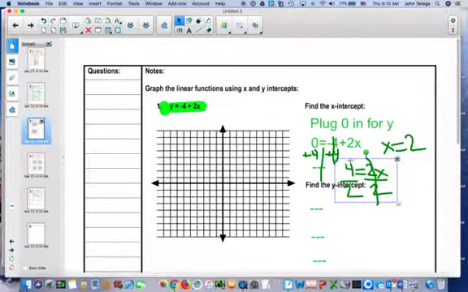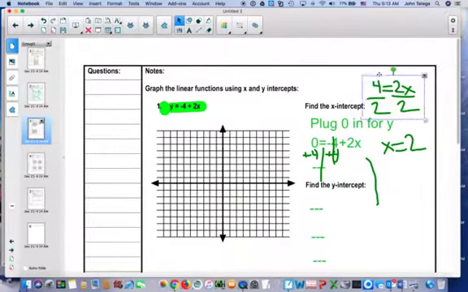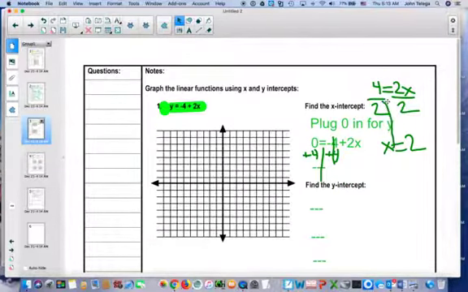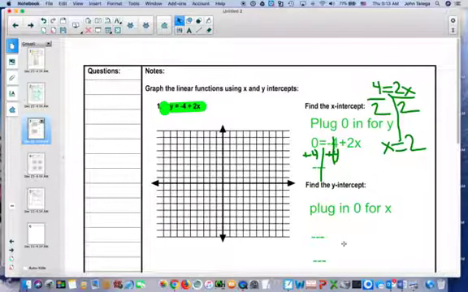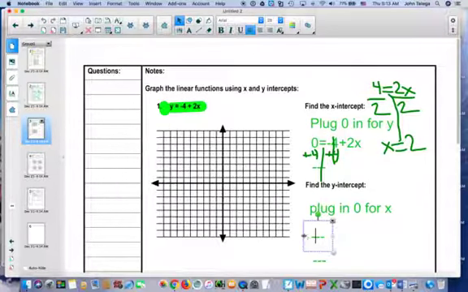Okay. I got a little sloppy there. Let's see here if I can move this, and move it up here, get it out of the way. Okay. Then let's find the y-intercept. So the same thing. I'm going to zero out the x. I'm going to plug in 0 for x now. Not y, but x. So I'm going to go y equals -4 plus 2, and I'm plugging in 0. This one's, I think, super easy because you can see it.